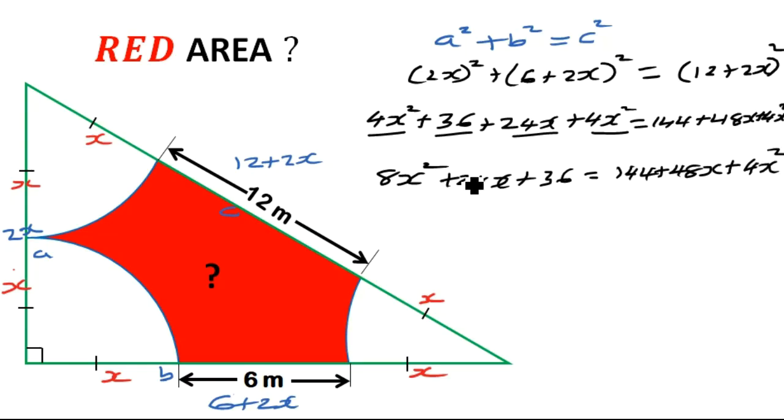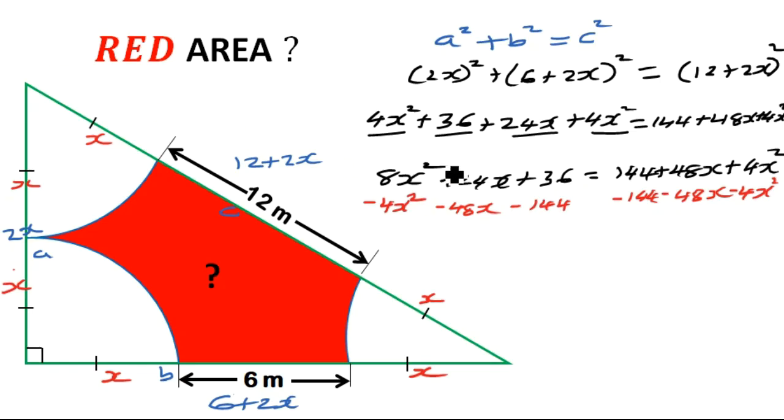So you simplify that, collect the like terms. So you see here plus 4x squared, if you subtract 4x squared on either side of the equation, then again plus 48x, we subtract 48x on either side of the equation, then again we subtract 144 on either side of the equation.